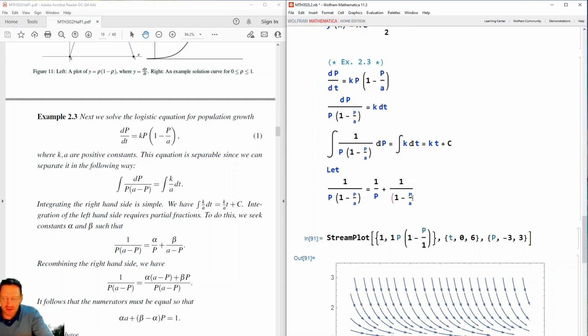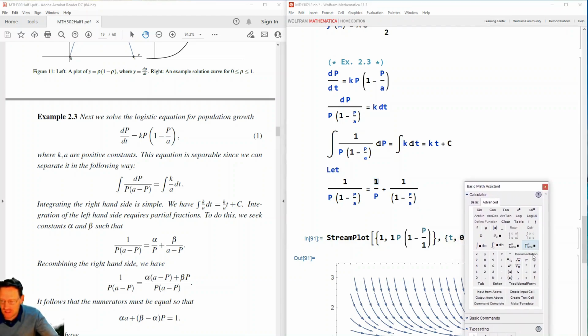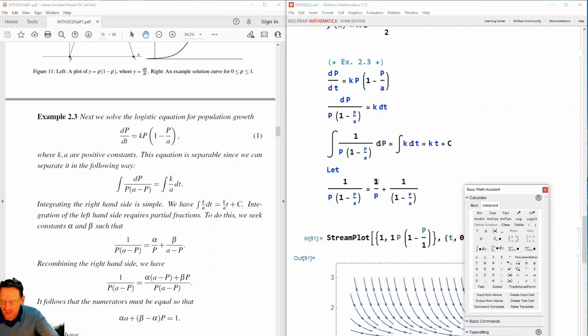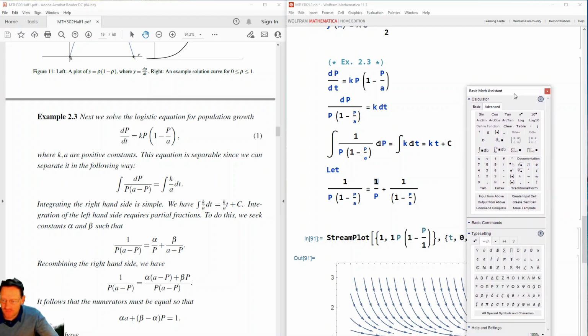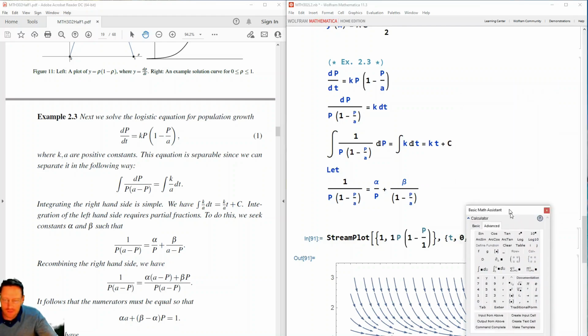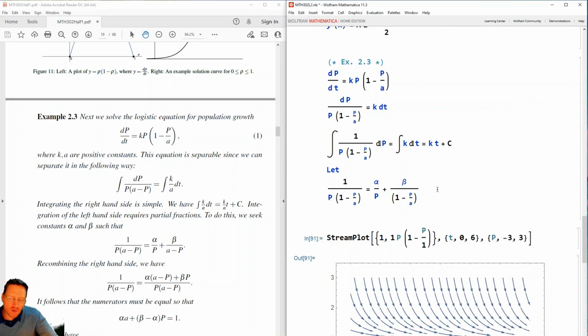Okay, I'll keep the bracket on it, I reckon. And we want to set out some constants that we seek here. So let's call them alpha and beta, but you can choose your own favorite letters. Okay, so this is the way it would look if we were to split this up.